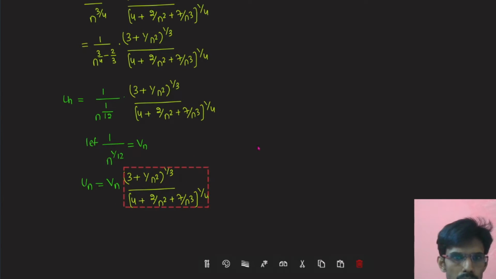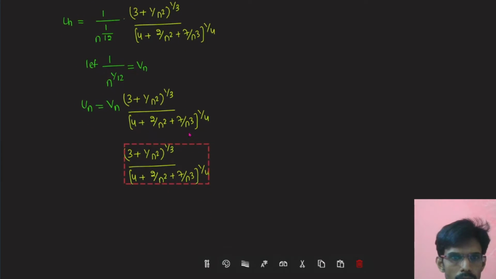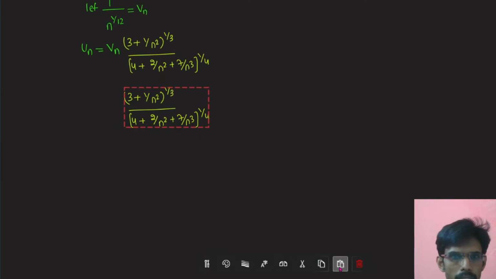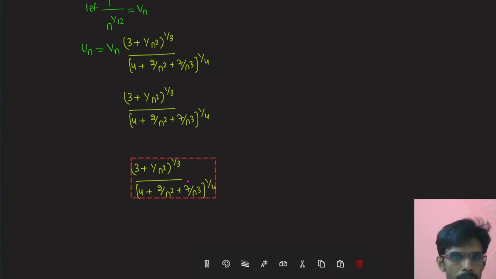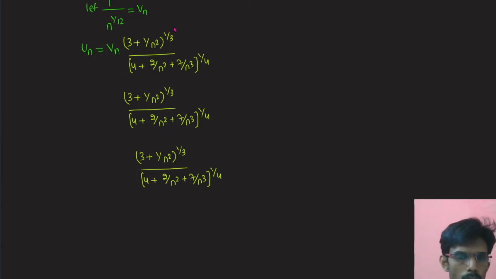Now dividing both sides by Vn and applying the limits, here we have un upon Vn value is this. Next apply the limits. We have limit n tends to infinity un by Vn.